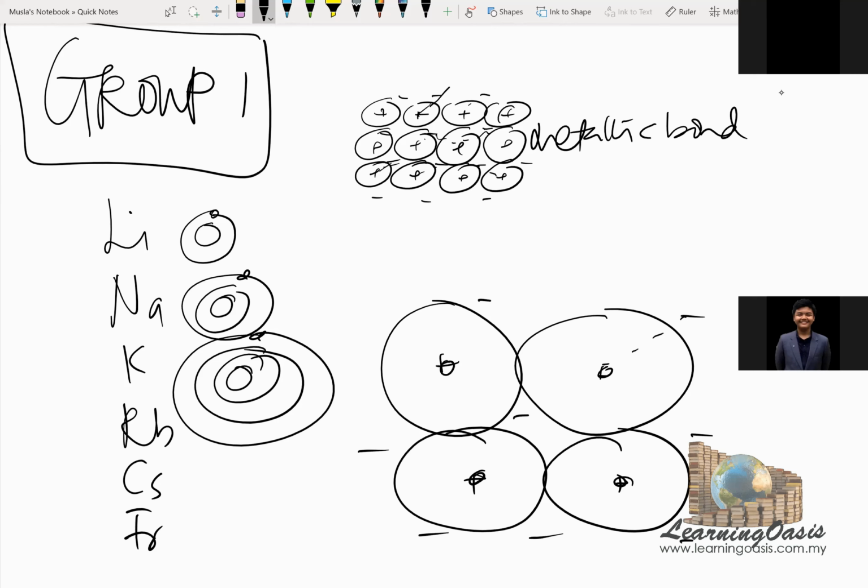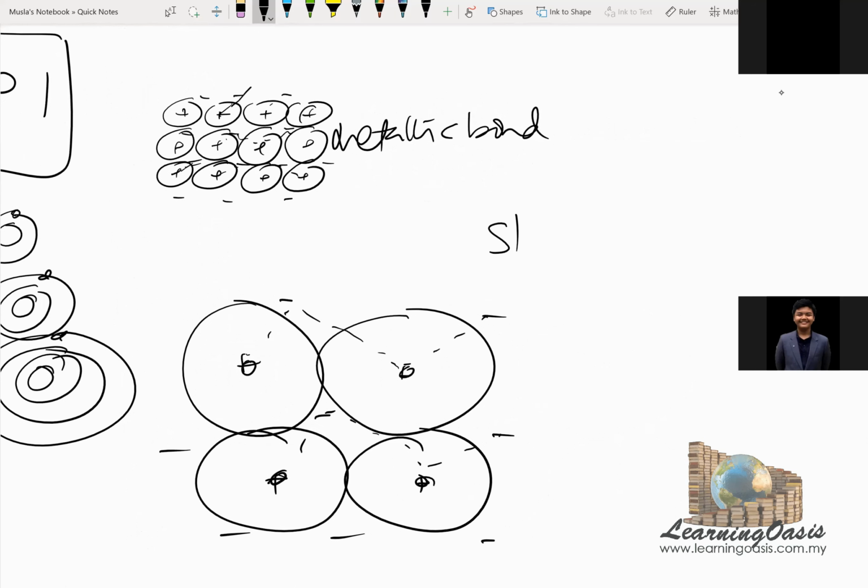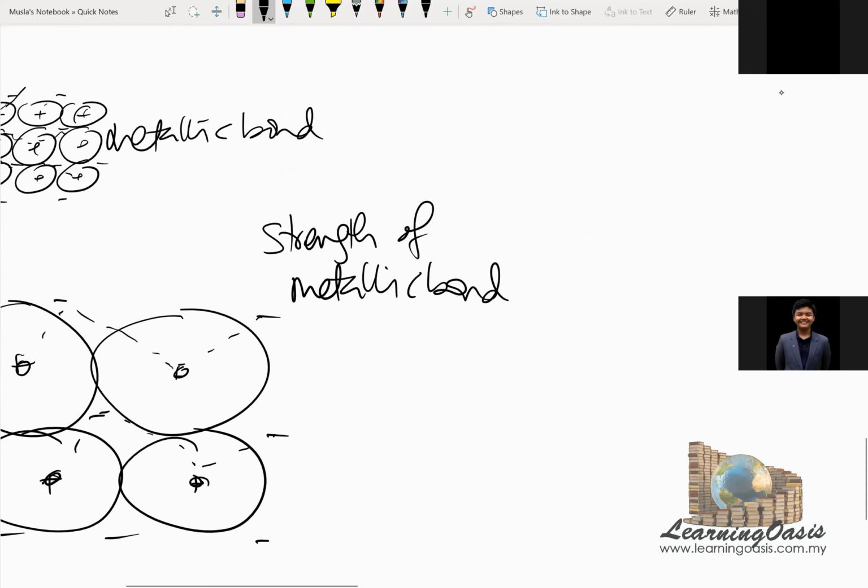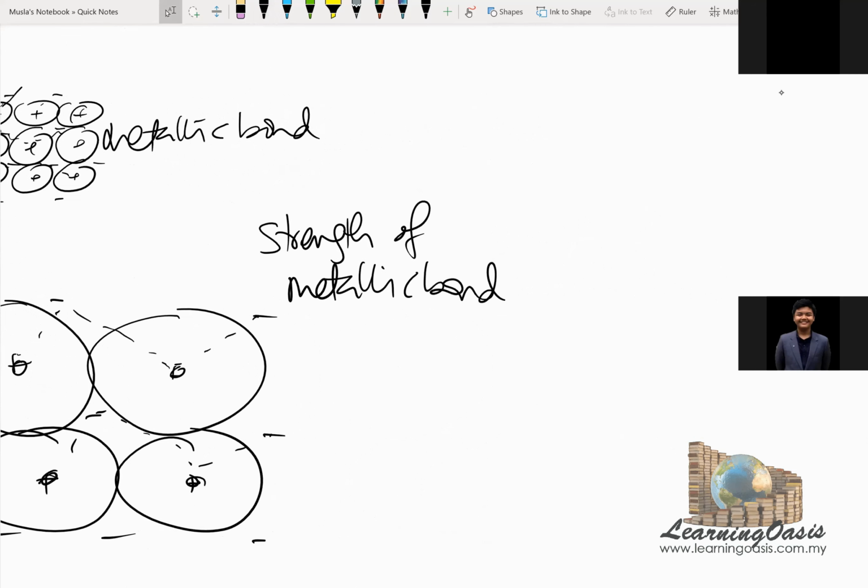And these extra orbitals provide the shielding effect. So the strength of the metallic bond is now not as strong. As you go down the group, does the strength of the metallic bond increase or decrease?